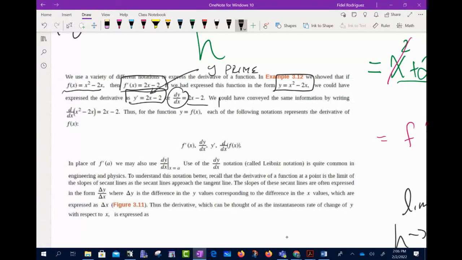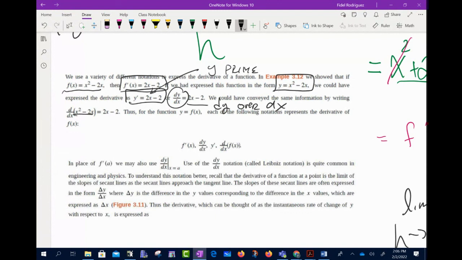The way we read this is dy over dx. That means we're taking the derivative of y with respect to x, okay? These are all just different names. Like I said earlier, Antonio, Tony. If Tony's a real big guy, big T, right? Something like that. You know what I mean? They're all the same. They all mean the same thing. They're just different ways of naming it, okay?